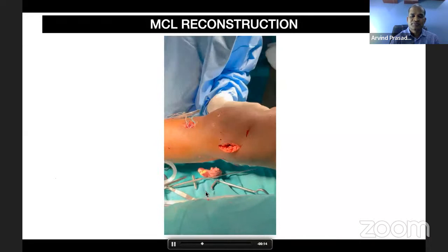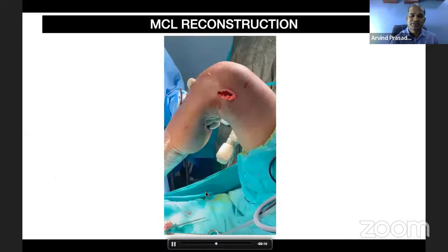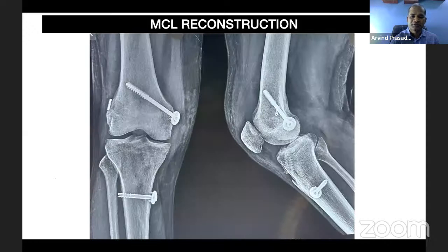This patient was also having an ACL injury. This was a chronic one, so that's why in this case you can see the isometry was checked. And this is the X-ray of this patient. So this was the ACL, and the MCL reconstruction was done.